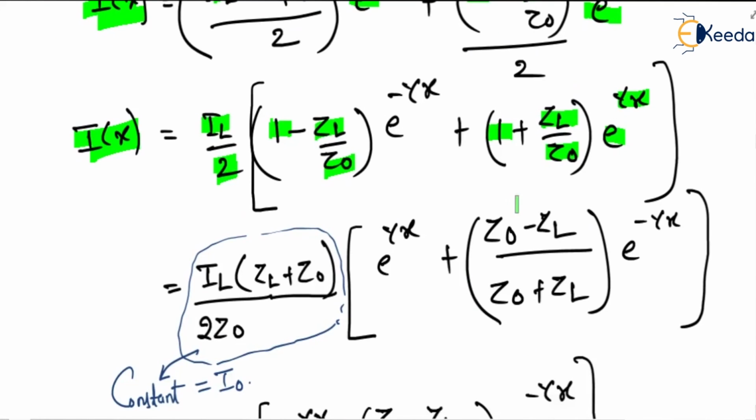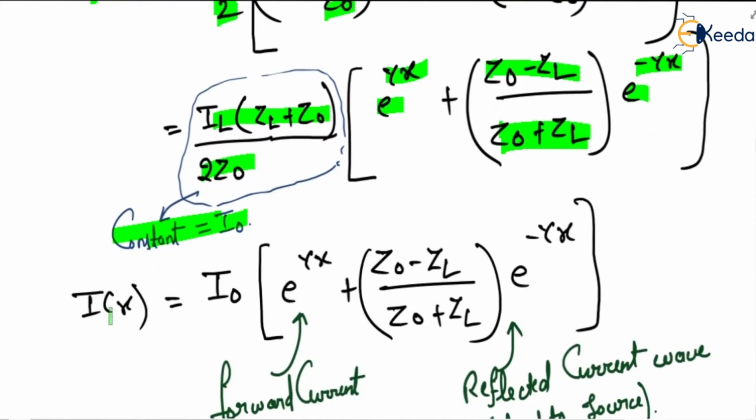Taking (ZL plus Z0) by 2 Z0 common, we get e to the power gamma x plus (Z0 minus ZL) upon (Z0 plus ZL) e to the power minus gamma x. This is again a constant, equal to I naught. So current Ix is equal to I naught [e to the power gamma x plus (Z0 minus ZL) upon (Z0 plus ZL) e to the power minus gamma x].